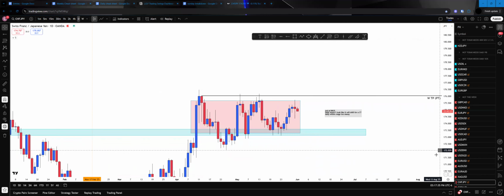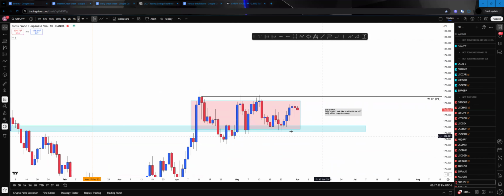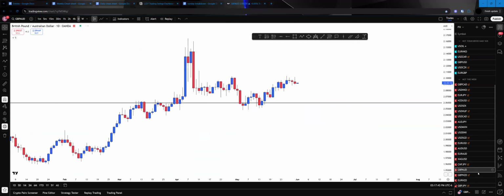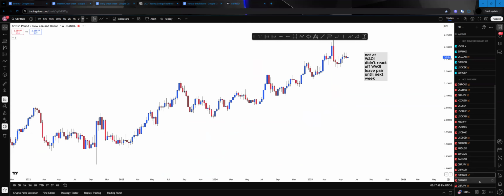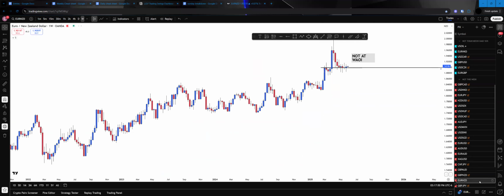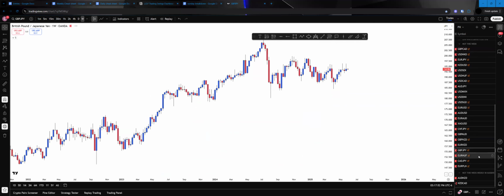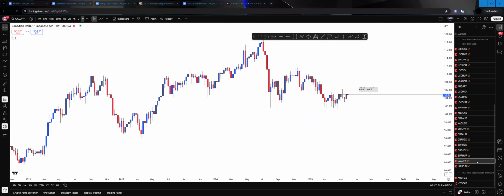Yeah, the daily's just too messy. I wanted to have a nice clean pullback like this and then go. It's just too messy in the daily. Not an area of interest. GU, not an area of interest. GJ, this is in a sideways range.